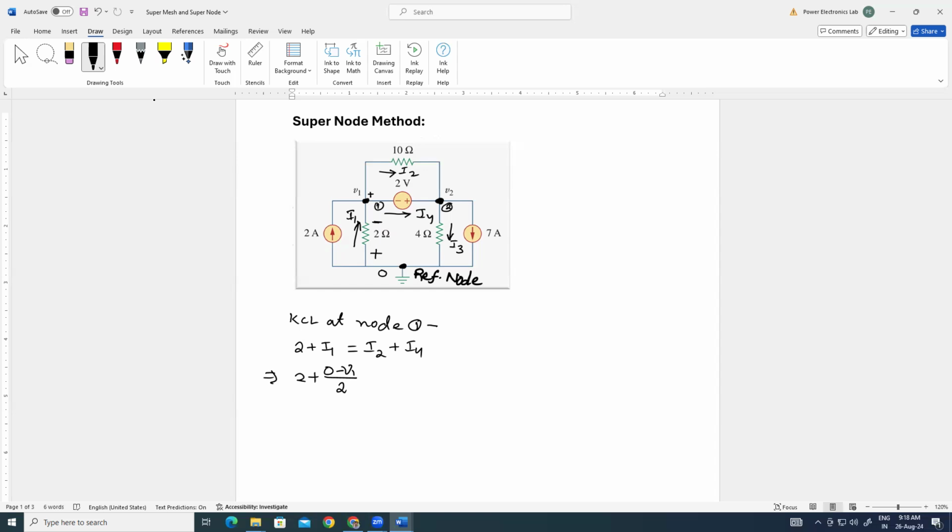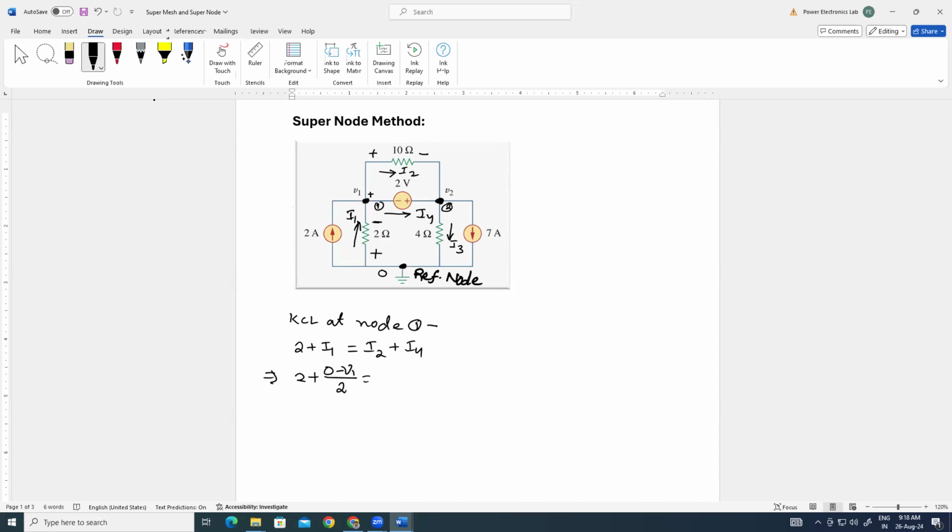Then what is the value of I2? The polarity will be plus here, minus here, as this is an element, so as per the rule the current will be V1 minus V2 by 2.